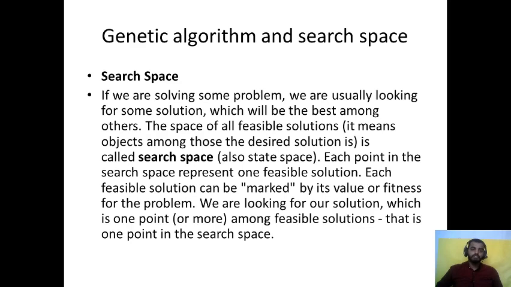The desired solution among those is called the search space. In the sense, if you are solving a particular problem, we are looking for that particular solution. What if the best among the solutions are already waiting for you to take the optimal solution from that? That is what we call the search space.